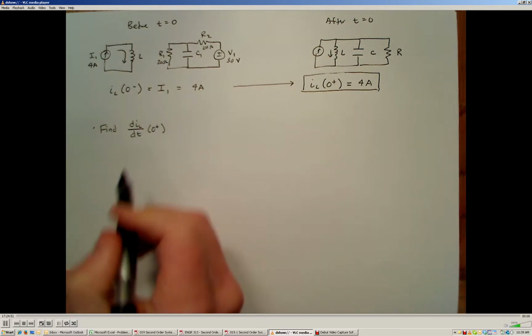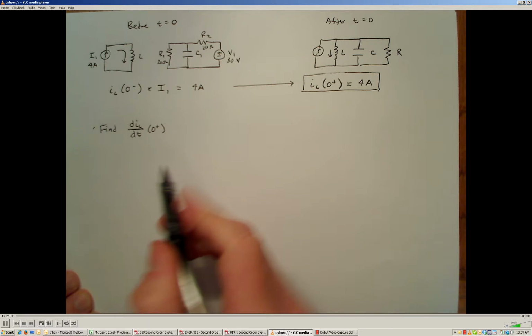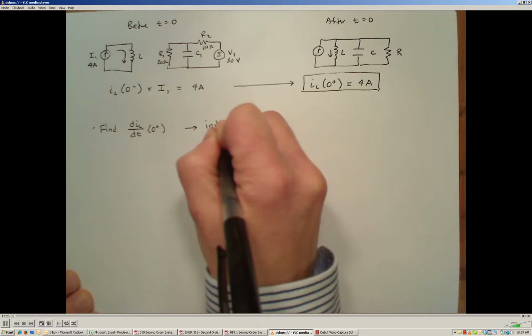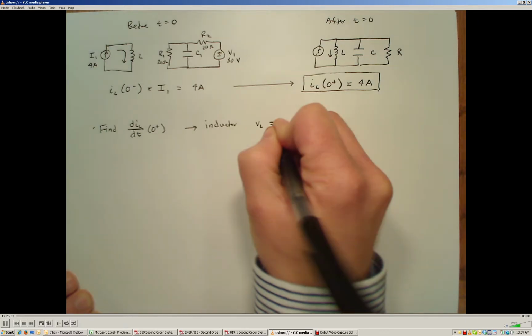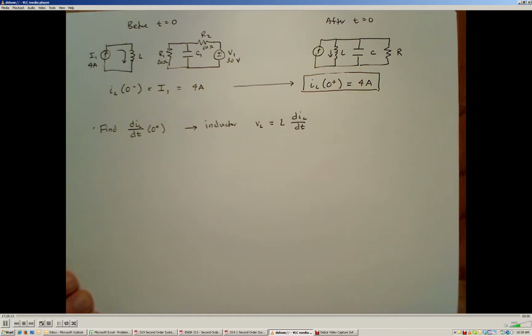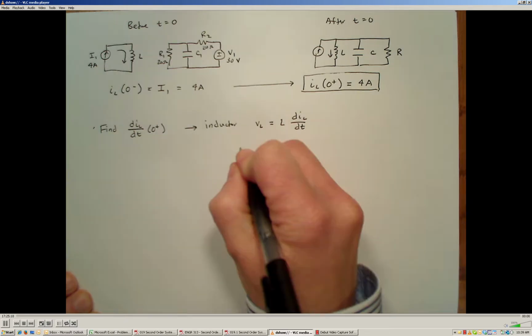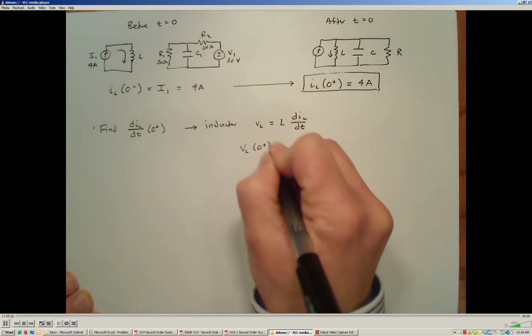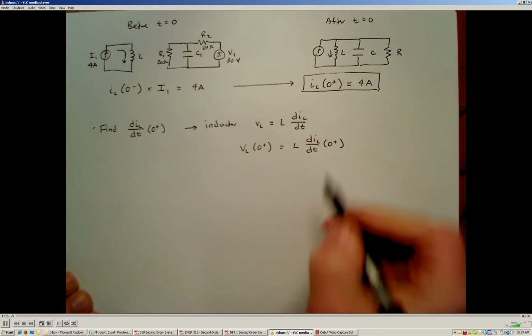The inductor relationship tells us that the voltage across the inductor is equal to L times the rate of change of current through the inductor. So if we can determine the voltage across the inductor at time 0 plus, then we can solve for the rate of change of current through the inductor at time 0 plus.